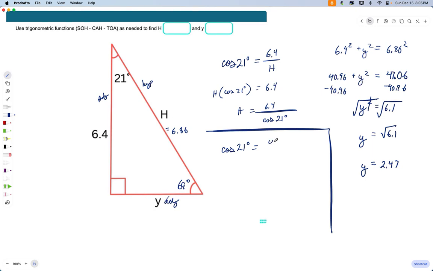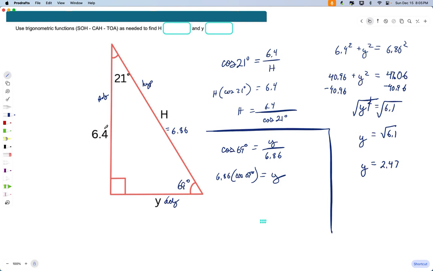So 6.86 times the cosine of 20, I'm sorry, not 21 degrees. I just caught that. We're talking about this angle. So it's 69 degrees and 69 degrees. My mistake. I'm so sorry. But that will give us the value of y, because y is the adjacent to 69 and 6.4 was the adjacent to 21. So I have to switch that angle around.